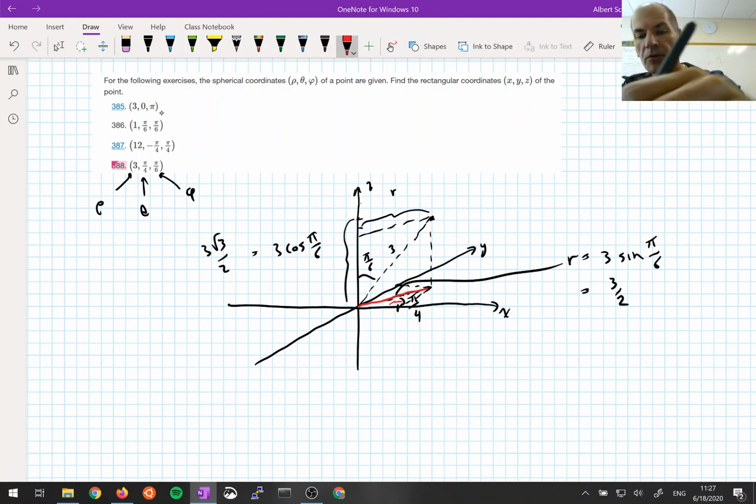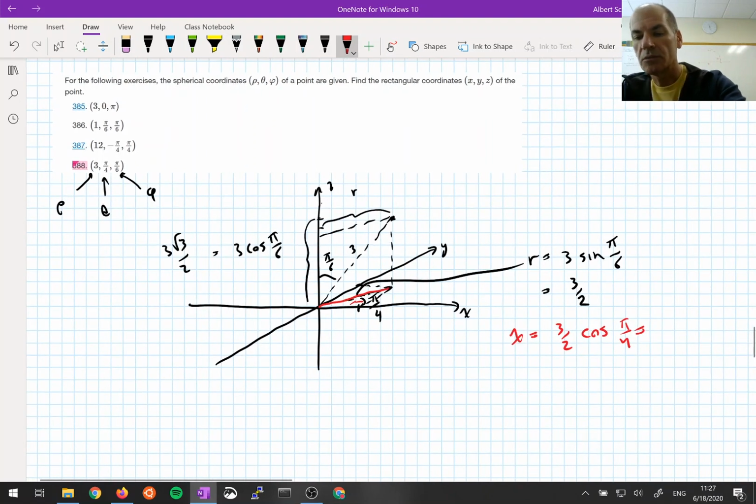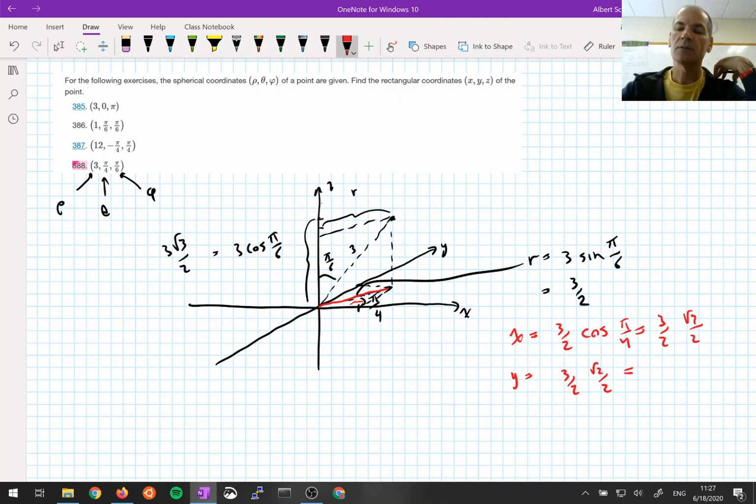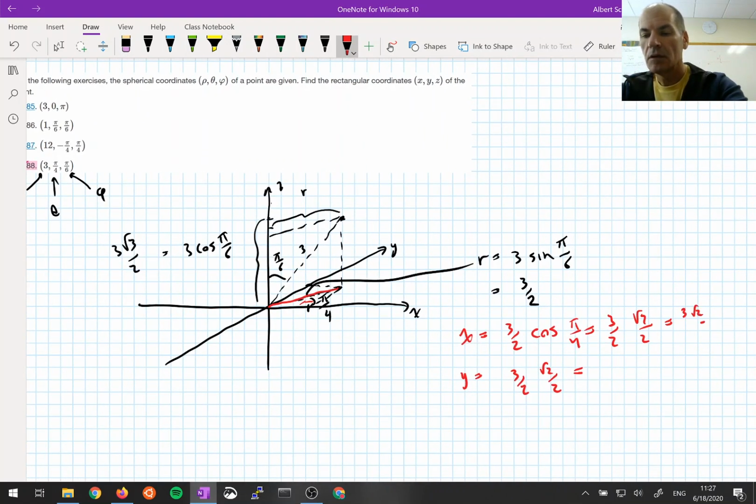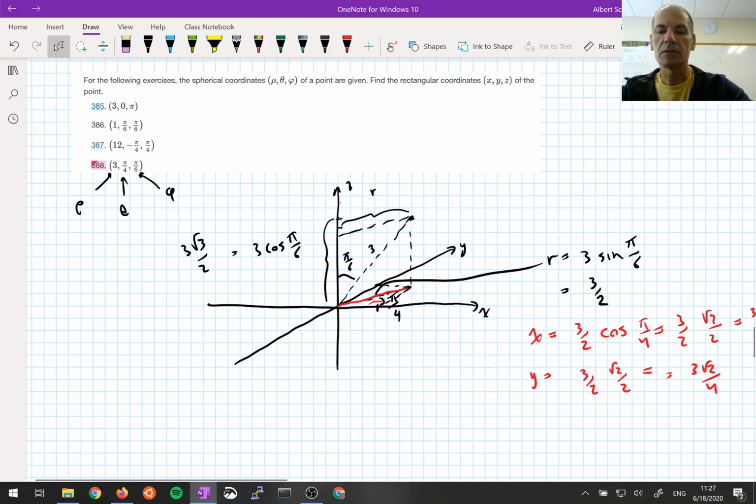So we can go one step further and figure out that x is equal to 3/2 cosine pi over 4, which is just 3/2 root 2 over 2, and y is going to be 3/2 root 2 over 2 as well, because we know that the sine and cosine are equal there. And in the end, we get 3 root 2 over 4 and 3 root 2 over 4 for x and y, and 3 root 3 over 2 for z.